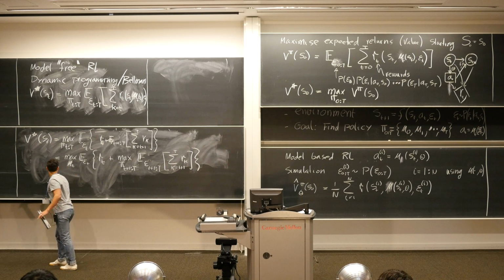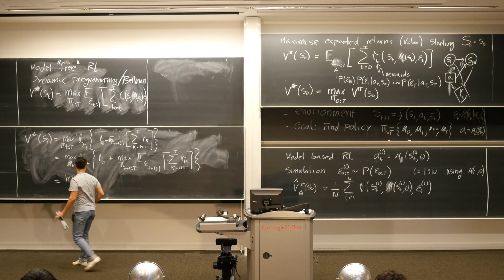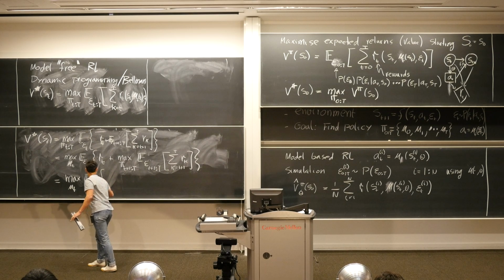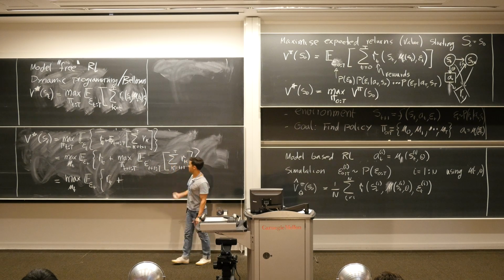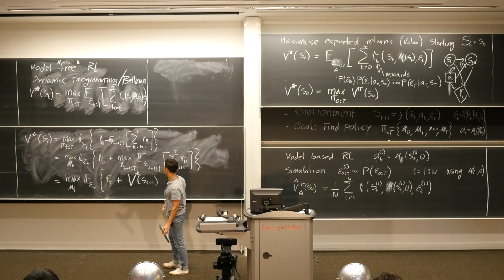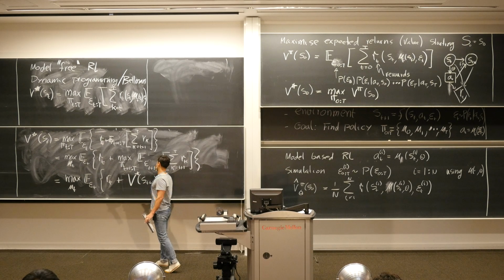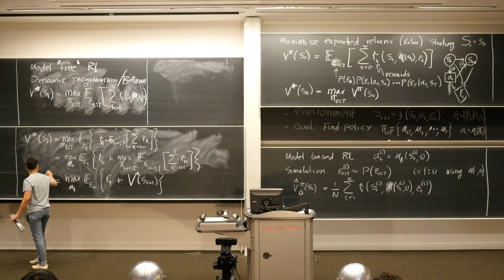Or in other words, this is equal to the max over mu t of the expectation of the current noise of my immediate reward. And if we look at the expression there, this is nothing but the value function again. And voila, we've derived one of the most important equations in RL.